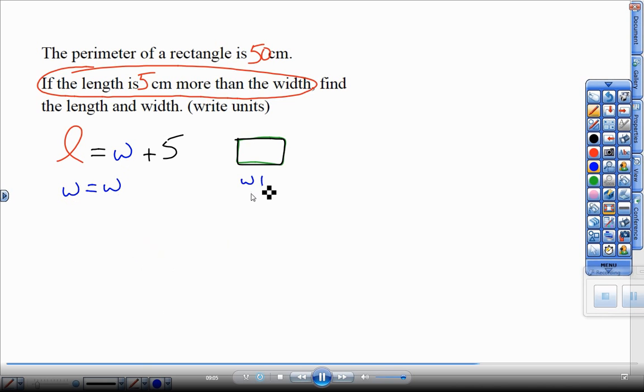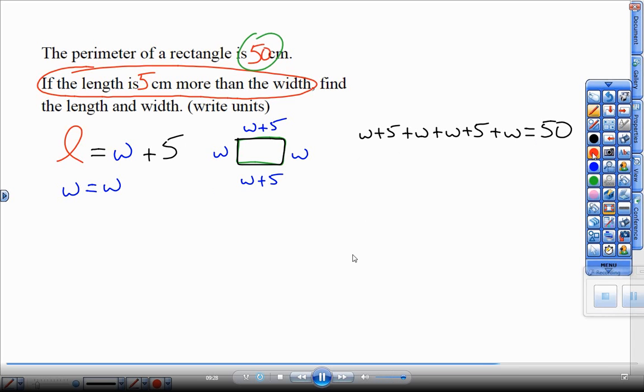And when I put those pieces in the right spot, here's the length, which is longer than the width, 5 centimeters longer. Here's the two widths. If I add up all of these sides, it will equal the all the way around perimeter. Add up all 4. So there's the bottom, there's the side, there's the top, there's the left side, equal to the perimeter number, which is 50.